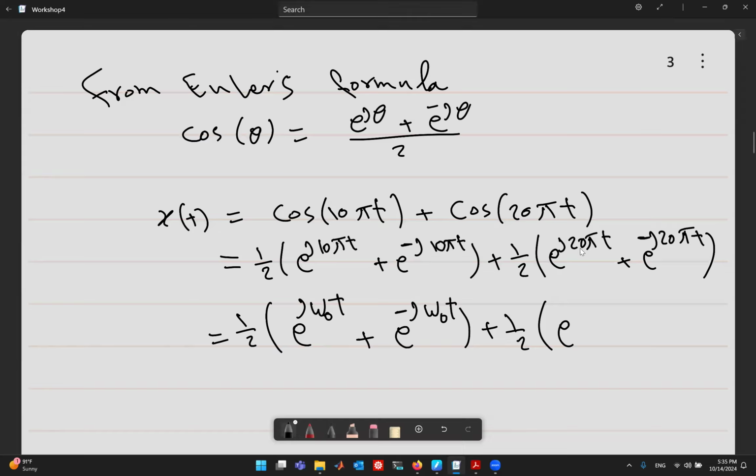Here we have 20 pi, and omega naught is 10 pi, so it will be j 2 omega naught t plus exponential minus j 2 omega naught t.